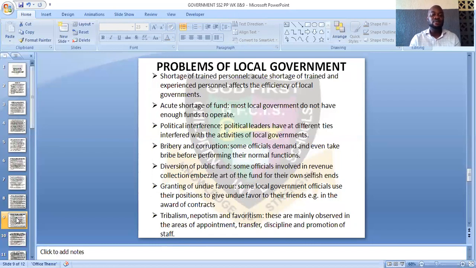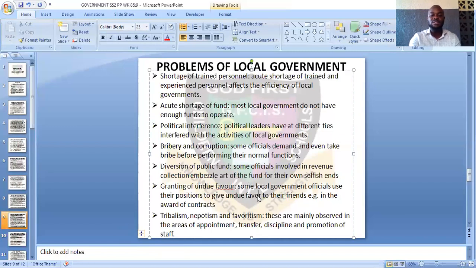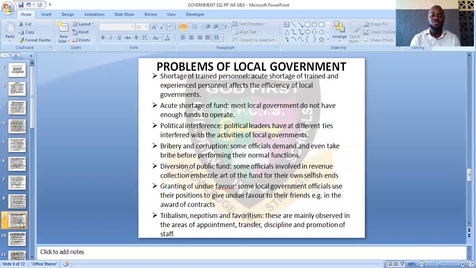Because they are not the best persons to take the contract, they won't perform very well, and as a result, it can cause a downfall, or it can make the local government not develop as it ought to.